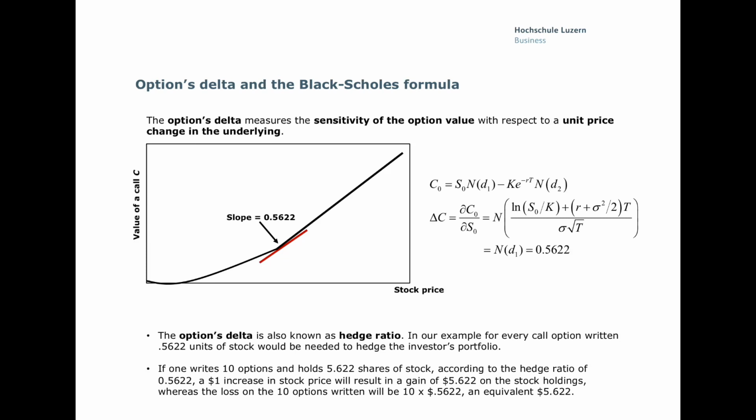But at the same time, a loss of $0.5622 on each option occurs. Since 10 options have been written, it follows that a loss of $5.622 occurs. In sum, gains and losses from this position are equivalent and the portfolio is thus hedged.